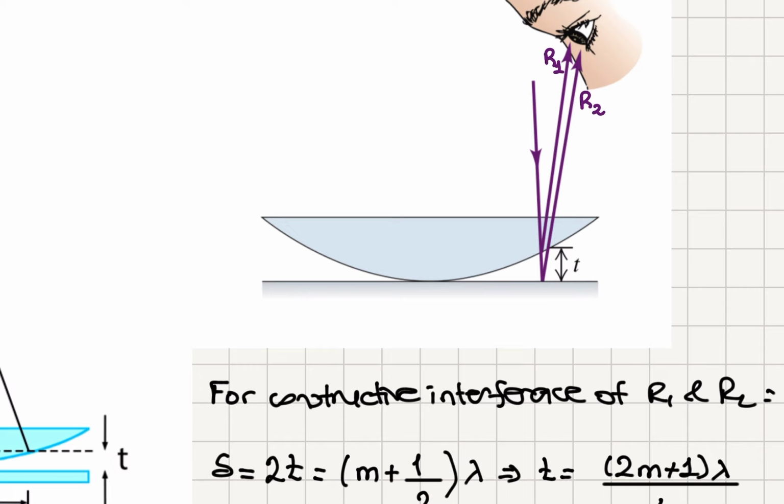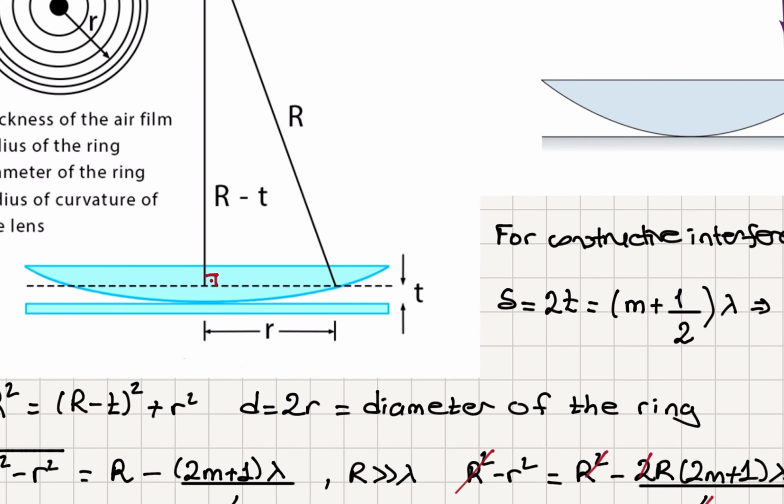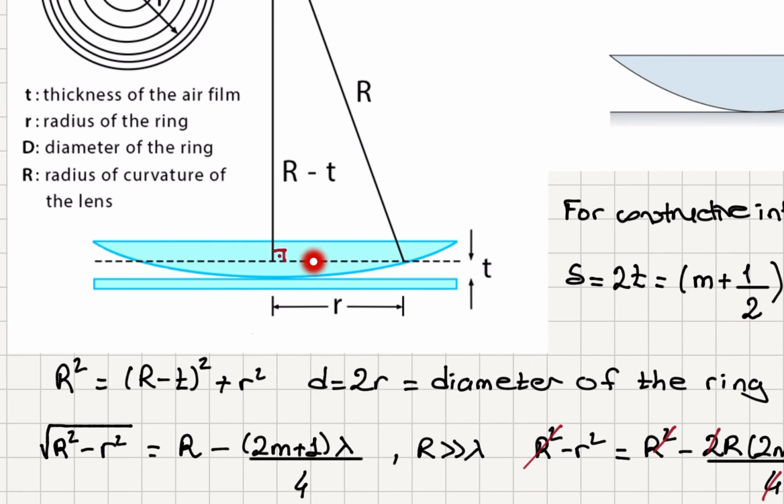Now, if R1 is following this path, R2 is following an additional path length of 2t. So when I'm at a distance t from the glass plate, you can see that the radius of the Newton ring that I will obtain is related to the radius of curvature of the lens, as capital R squared is (capital R minus t) squared plus r squared.